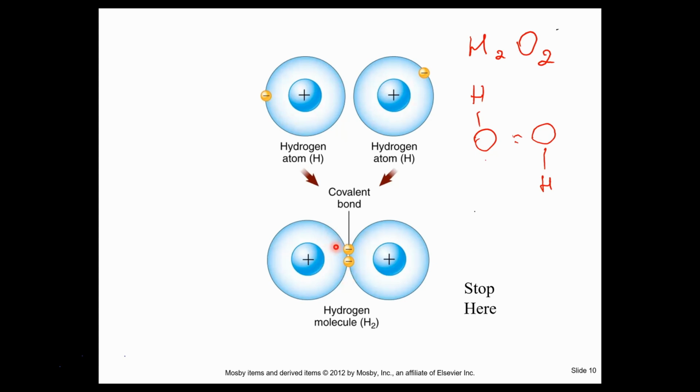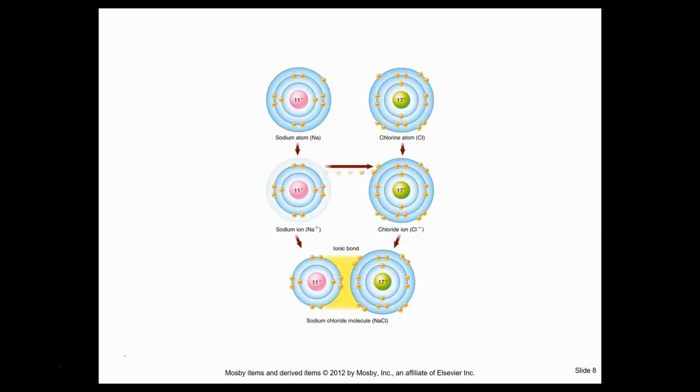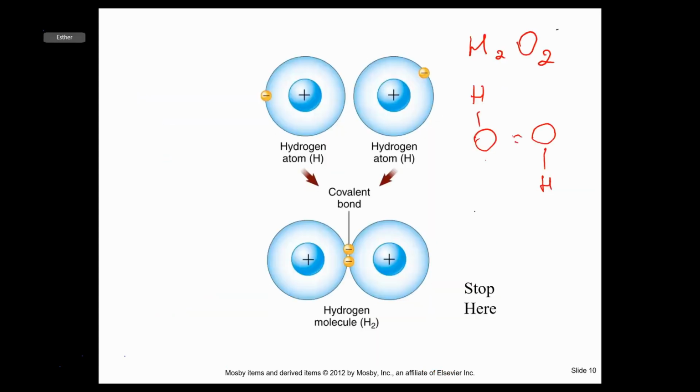Now, the covalent bond is different from the ionic bond that we saw a little earlier, in that the ionic bond is basically a robbery. That's when one atom will actually steal the electron from another one, because he is not sharing anything. He just took it. Whereas the covalent bond is a much stronger bond, and here it's a fair share.